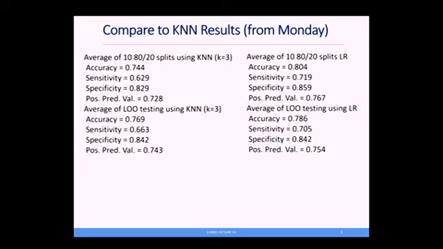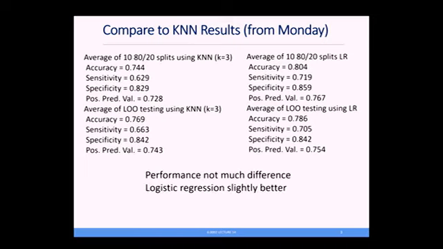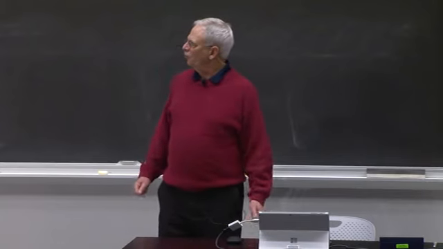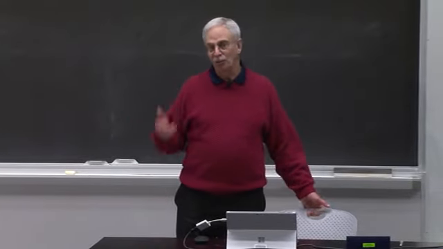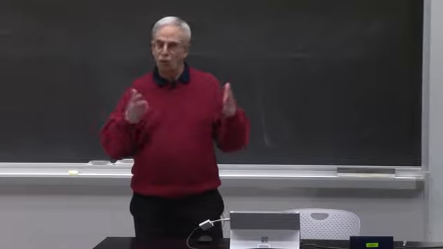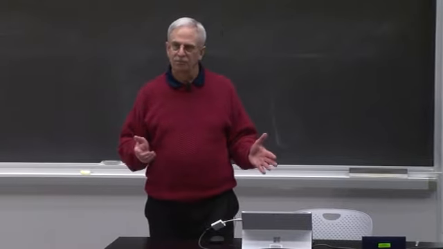And what I observed is that logistic regression happened to perform slightly better, but certainly nothing that you would choose to write home about, right? It's a little bit better. That isn't to say it will always be better. It happens to be here.